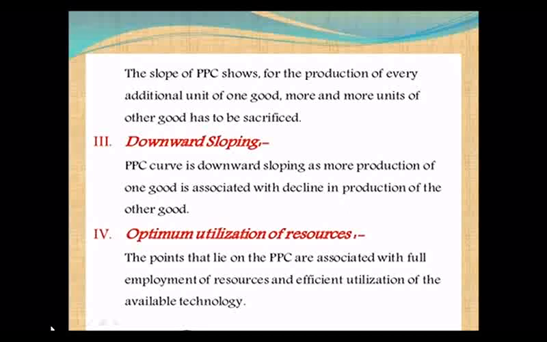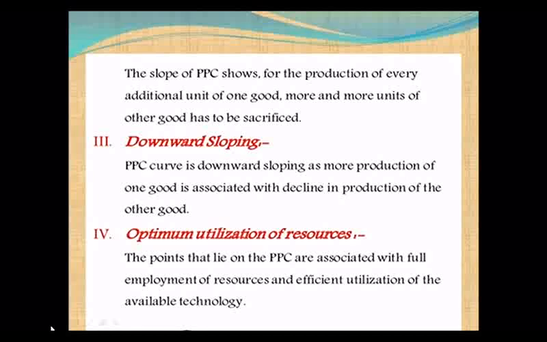Next property is downward sloping. PPC curve is downward sloping curve, as more production of one good is associated negatively with the production of other good. More of one good, less of other good. It is due to given resources, means the resources are fixed.